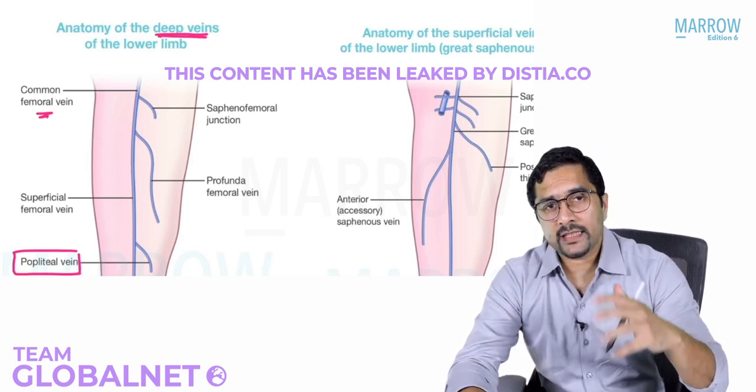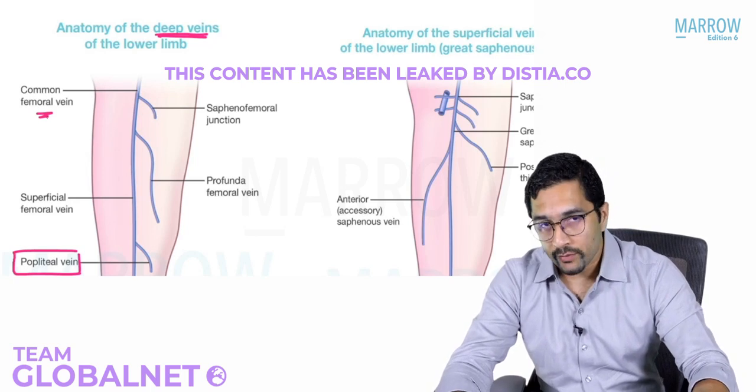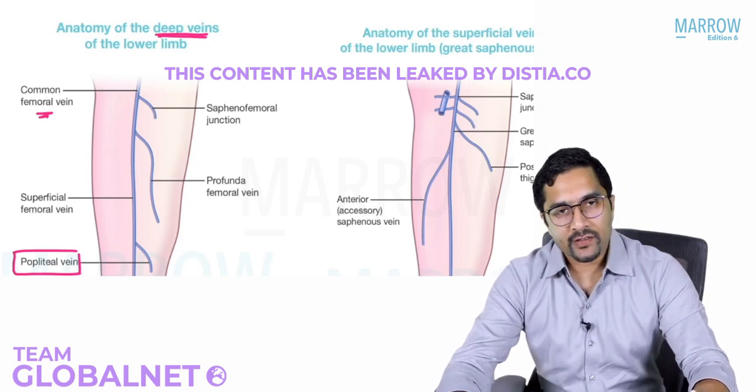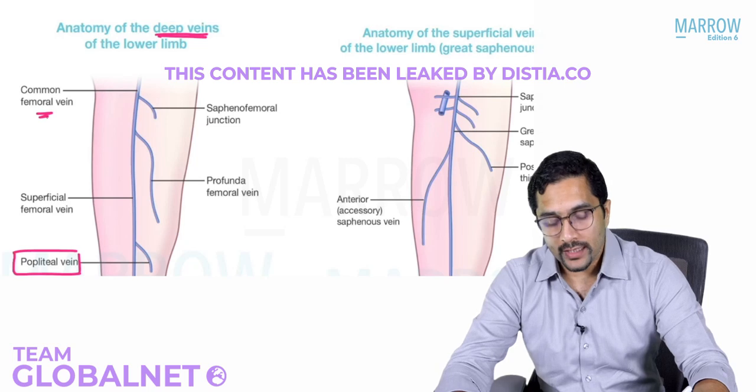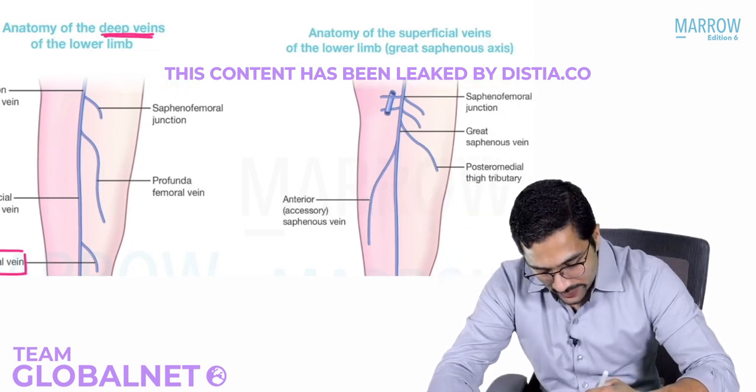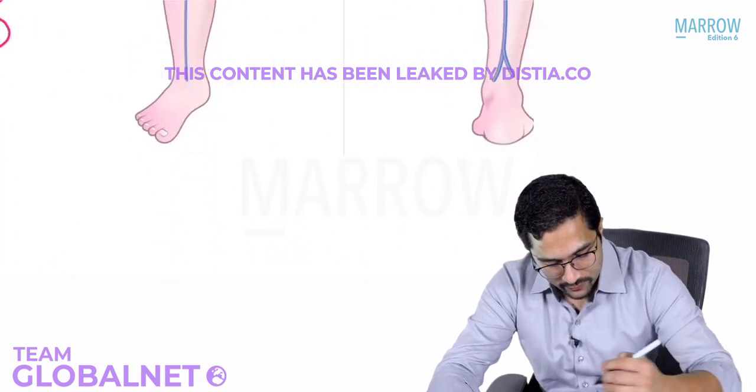In the superficial veins, there are 2 major systems: the great saphenous system and the short saphenous system.